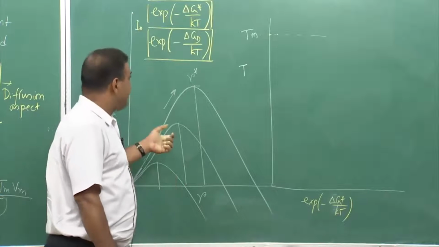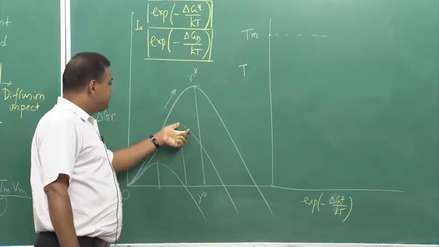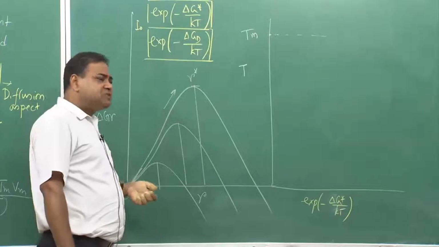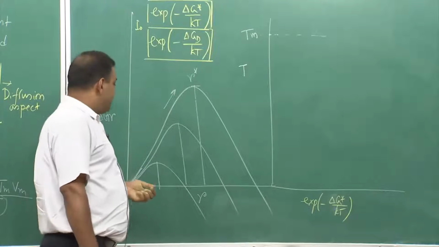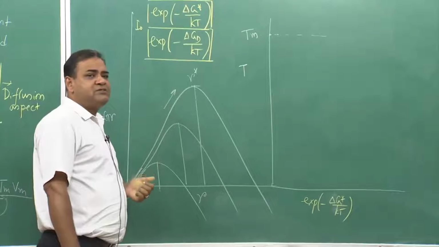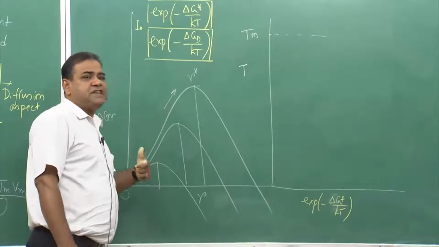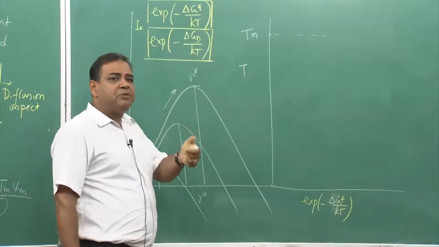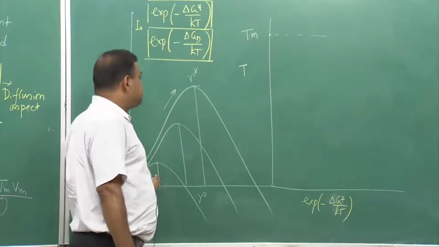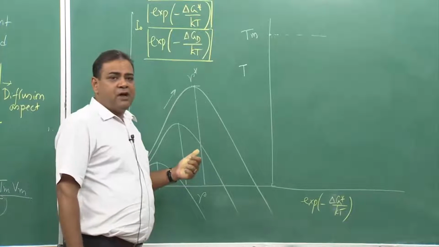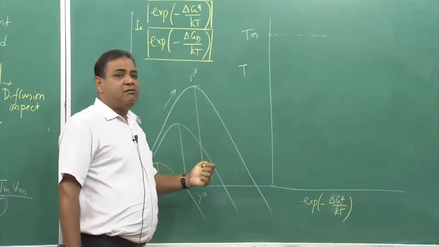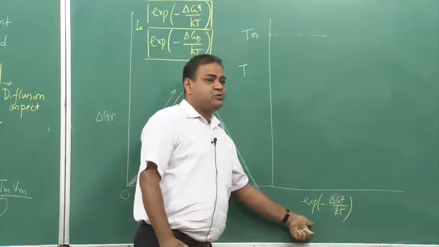Even if we have a sufficient undercooling, we will see that still the R star would be very large, still it is not possible. But at some point I would be able to see that the thermal fluctuation is able to give me a sufficient number of R star, which would be feasible and which we will be able to experience through this expression.